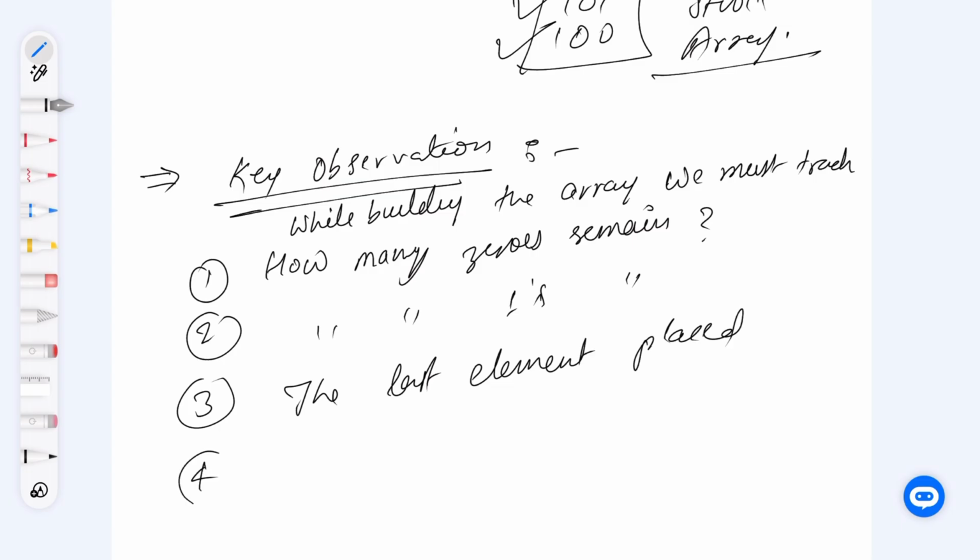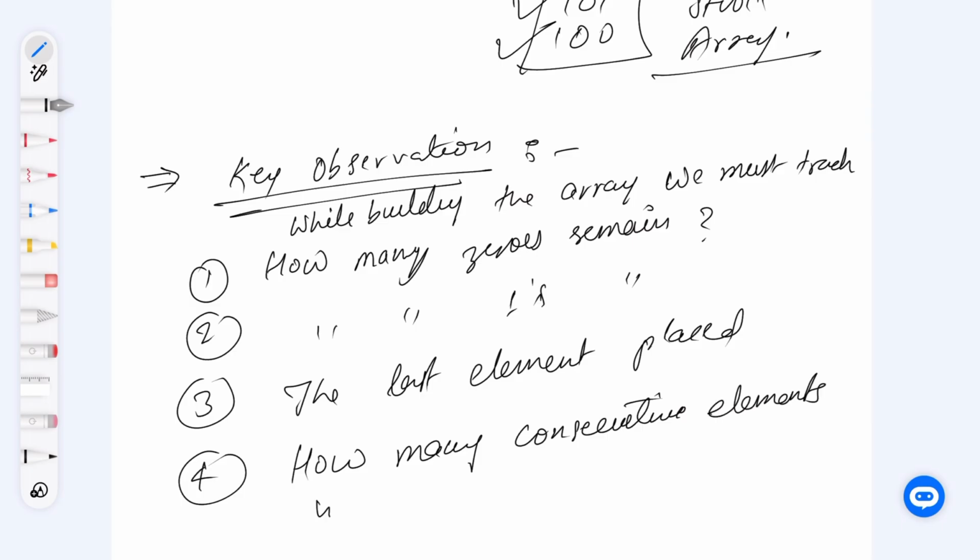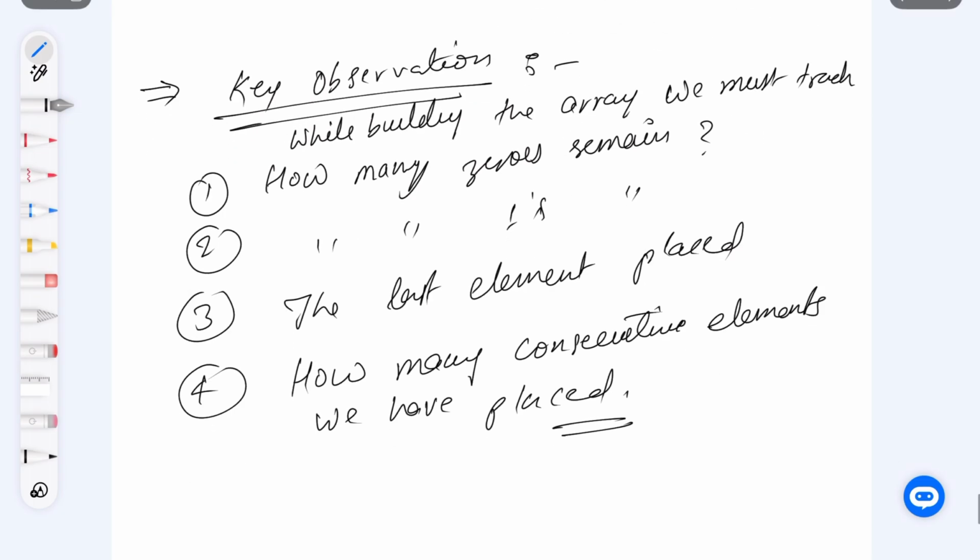And lastly we can say how many consecutive elements we have placed, correct? So this information helps us to decide whether we place the next element or not, right? So this is the main thing you should understand.